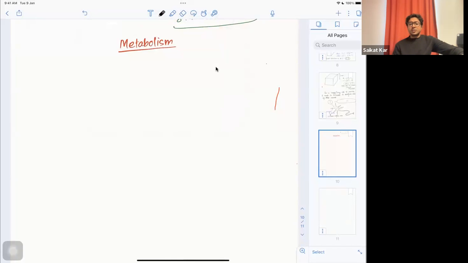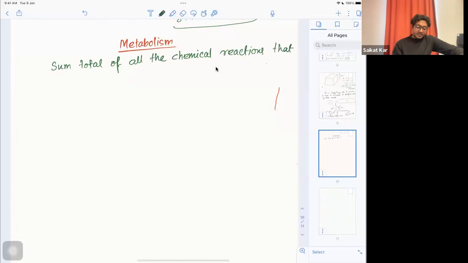Metabolism is the sum total of all the chemical reactions that are occurring inside a living body or a living cell.